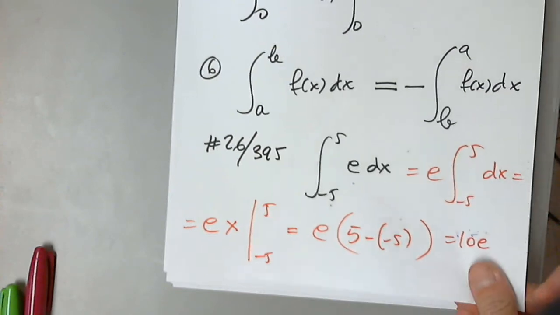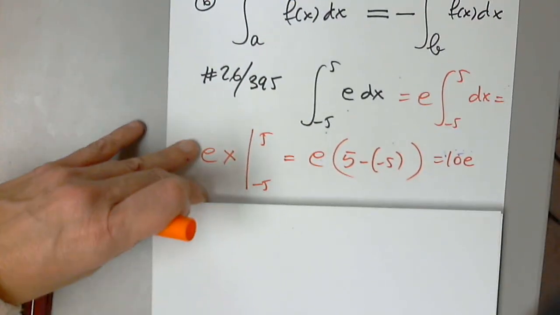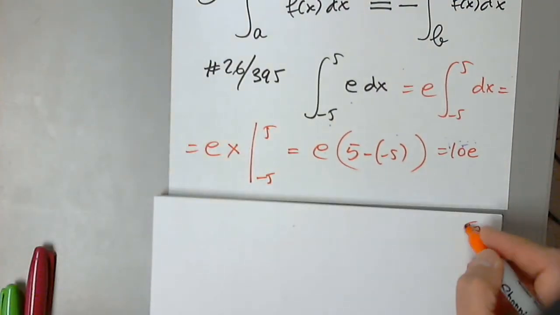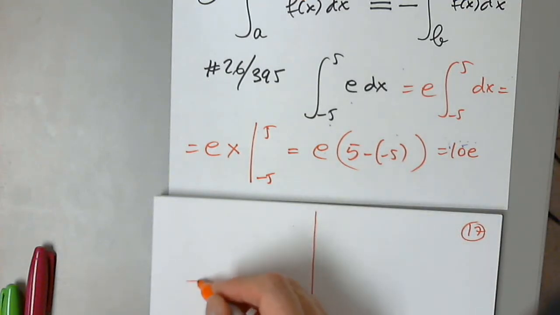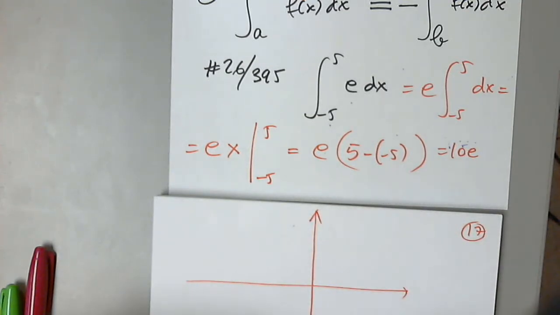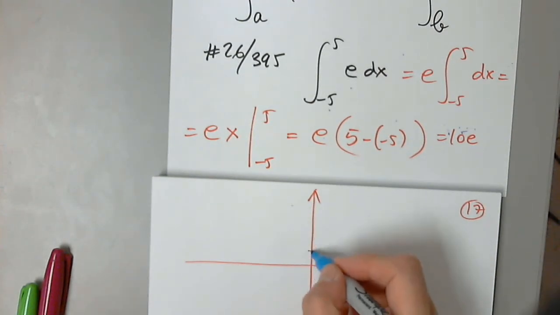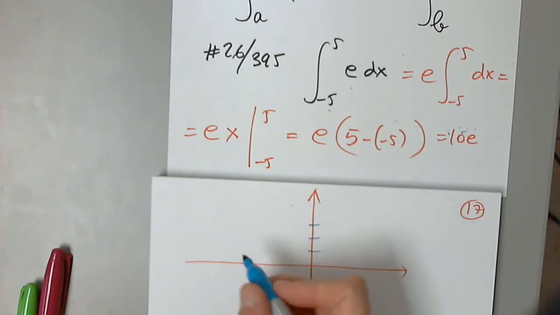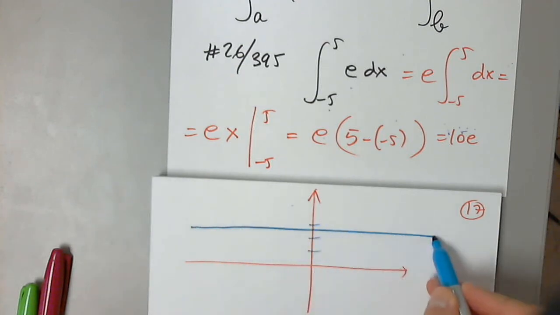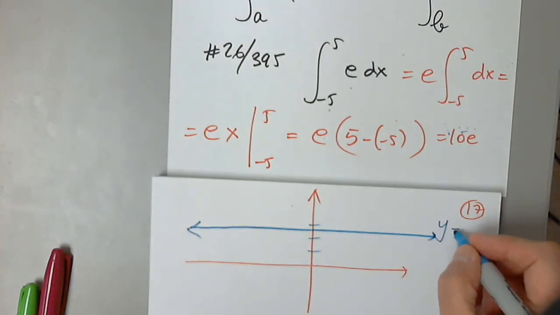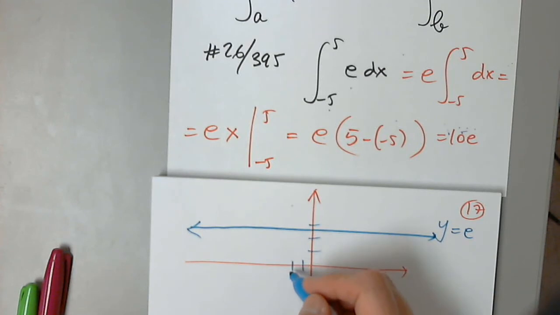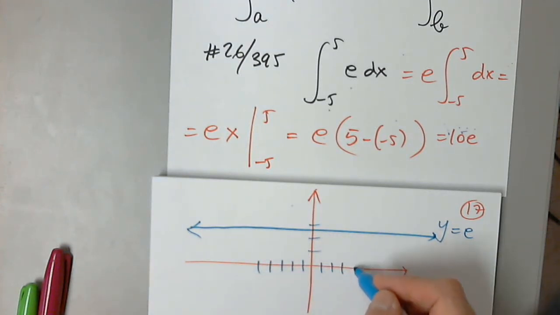I want to illustrate this so you understand, and we will look at other examples next time. So here's the situation. e is a constant. It's not e to the x. So y equals e, and we go from -5 to 5.